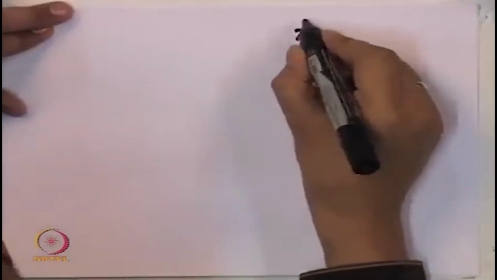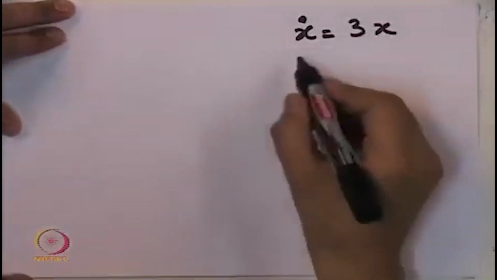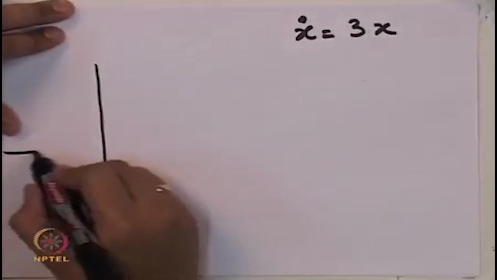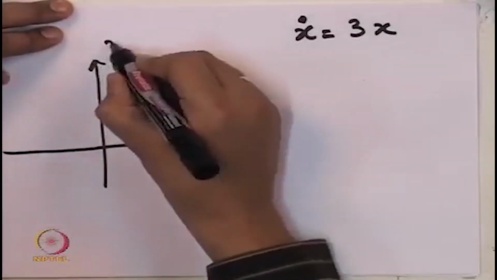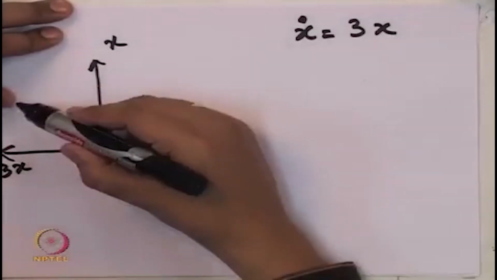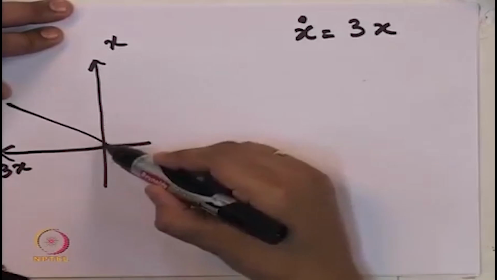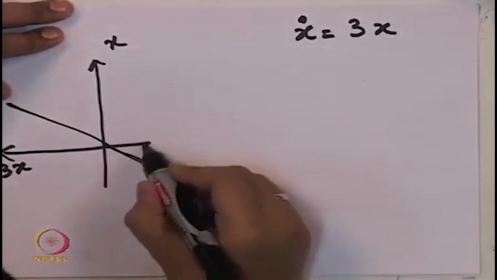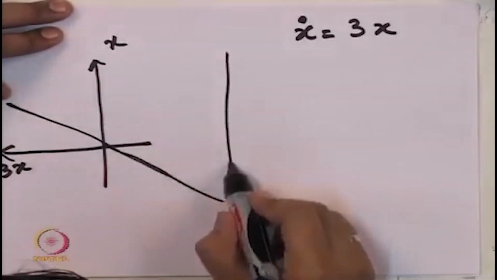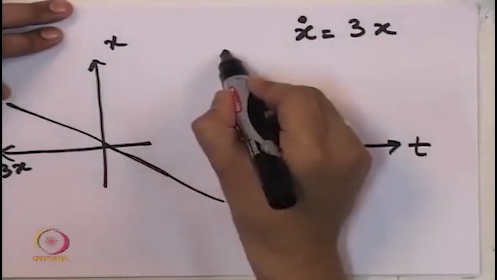So, consider the example x dot is equal to 3x. Here is the line 3x versus x. On the other hand, here is a graph of x versus time.